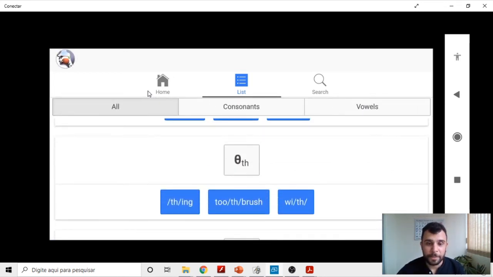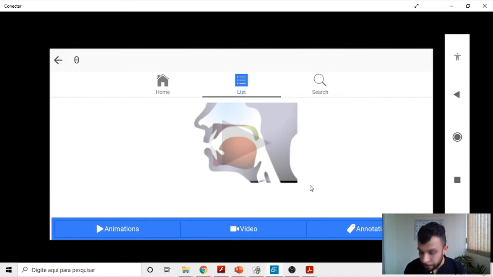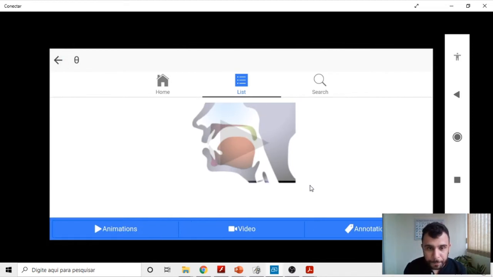After labiodental, we have these two phonemes that do not exist in Portuguese. The first one is th, as in thing, toothbrush, or with. Take a look. The blade of the tongue is touching the upper teeth, not the alveolar ridge.